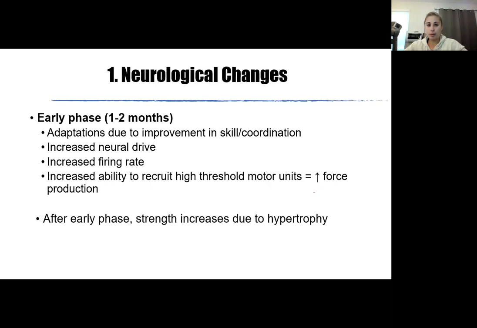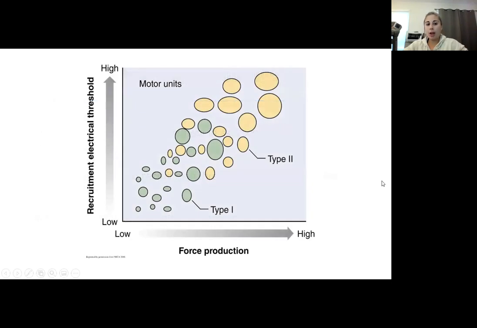All right. Oops, I'm drawing on here. Don't want to draw. So here's the chart I'm talking about. We can see here in the green we have type 1 fibers, and in the yellow it's type 2. Again, we're looking at force production on the x-axis at the bottom, and then recruitment threshold, right?